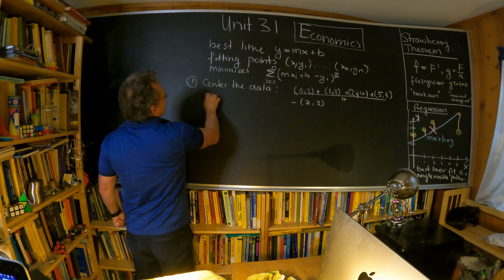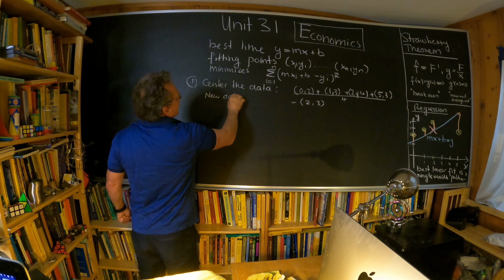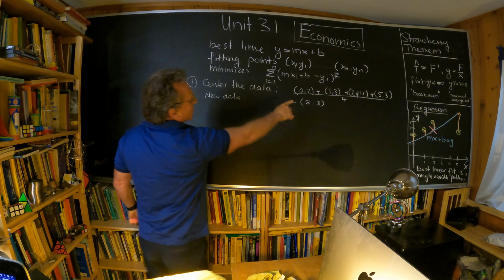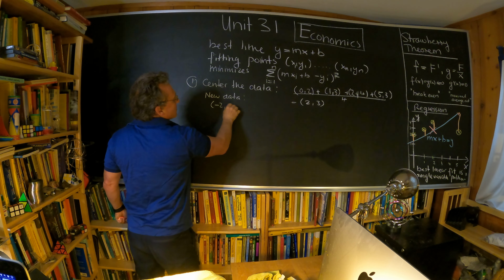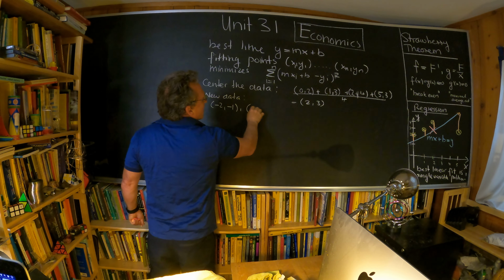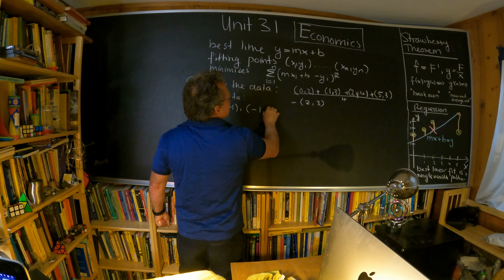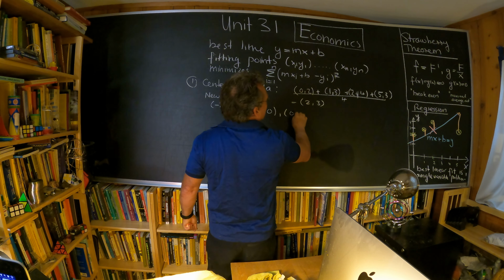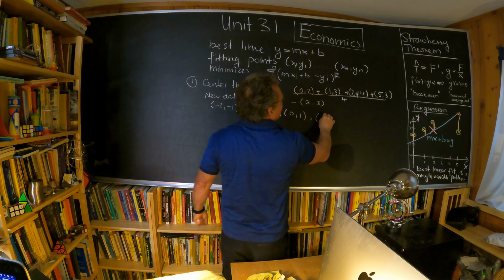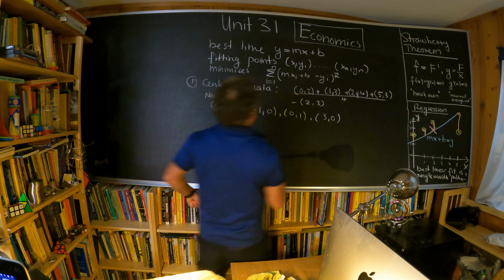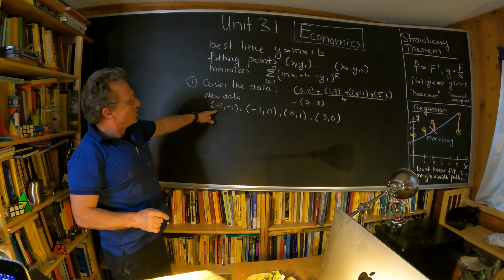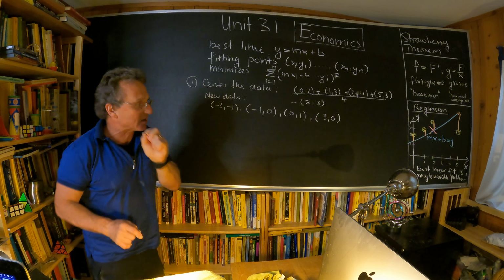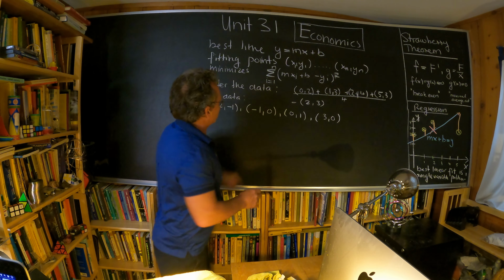This is the center. And what we do is we just subtract that center. So we have new data. And the new data are now just we subtract 2, 3 from all of them. So it's minus 2, minus 1, minus 1, 0, 0, 1, and we have 3, 0. So these are now new data, and with this new data we have just to now minimize.